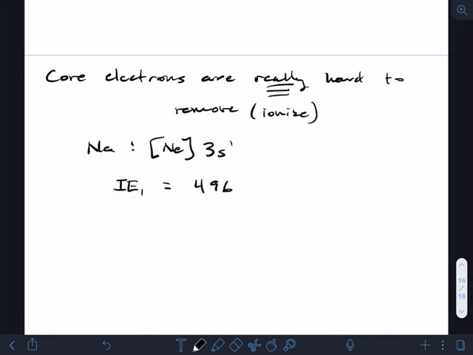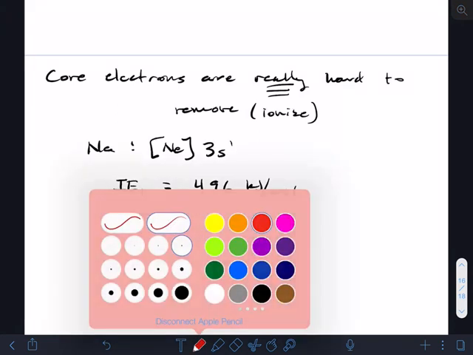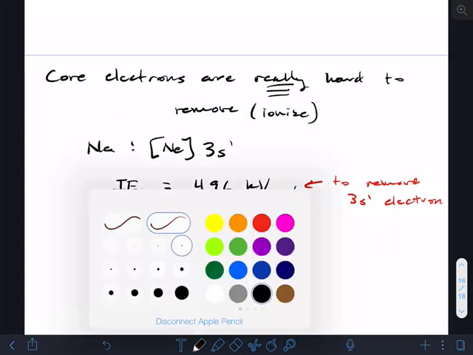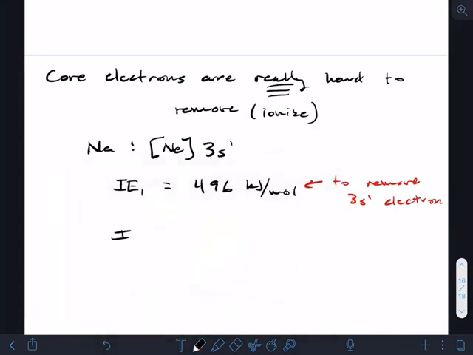So ionization energy 1 for sodium, pulling off that 3s electron, takes us about 496 kilojoules per mole. That's to remove the 3s1 electron. If I remove that 3s1, now I'm left with just the neon core electrons.